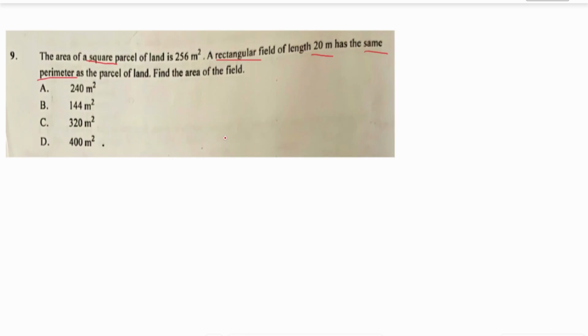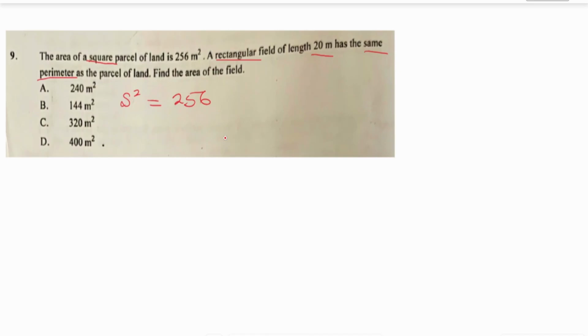We start with the first part of the information, which is the area of a square parcel of land being 256 meters squared. That means that a square has all sides equal, right? So if the side of the square is S, then the area is going to be S squared, and that is equal to 256, right? Good.